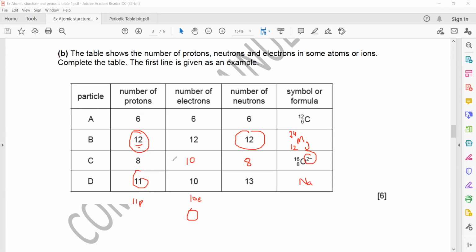Because the electrons and protons are not the same, there will be a charge, and protons are positive, it is having one extra proton, so the charge will be 1+ or +1, or even if you write plus, that is also right. Then the nucleon number is a sum of neutron and proton, so there are 13 neutrons and 11 protons, so 13 plus 11 makes 24. And to get the electron number, the proton number, that is 11. Is it clear? The last row.